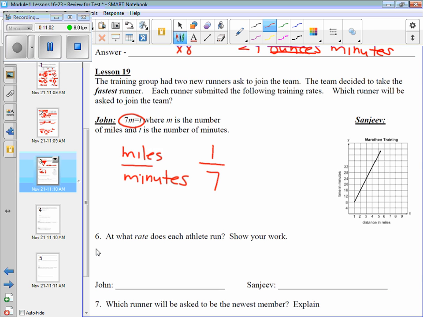When we do the other runner, we actually have to read the data table, go to the coordinate point for 1 mile, and then read across, and that mile to minute ratio is 1 to 8.